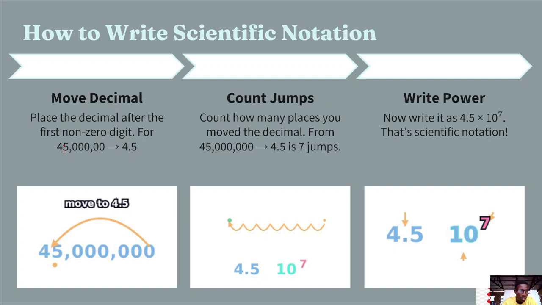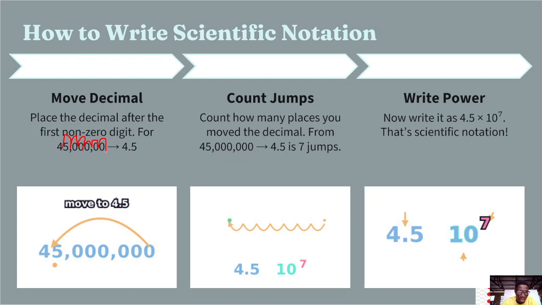All right. So now count the jumps. Count how many places the decimal moved. So here you stand here, then you move 1, 2, 3, 4, 5, 6. Okay? It moved 6 times. Is that okay?